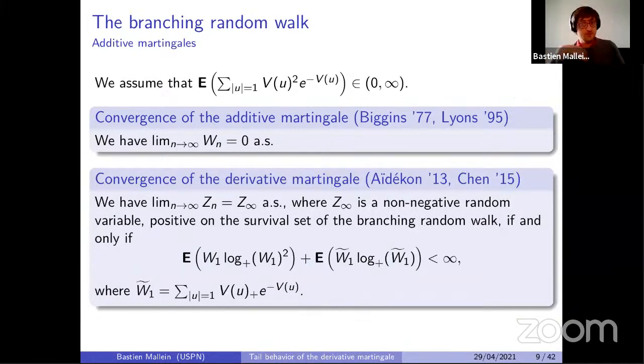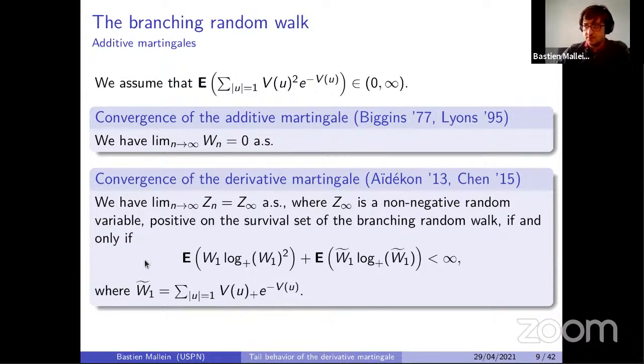Concerning the derivative martingale, Aidekon showed that under the following additional integrability condition, the derivative martingale converges almost surely to a non-negative random variable, which is strictly positive on the set of survival of the branching random walk.